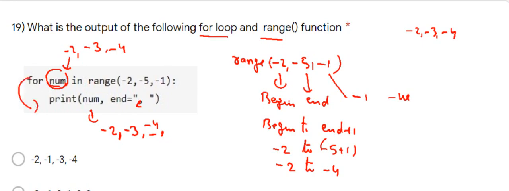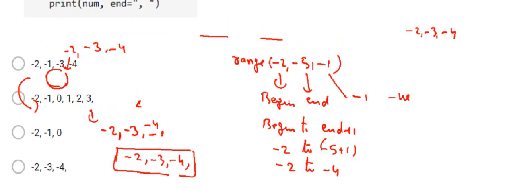Now you are coming out of the loop. So when you are coming out of the loop, what is the output? -2, -3, -4 comma. So this will be the output of this function. So when you see the output, what is the output for this? The output for this is option number 4.